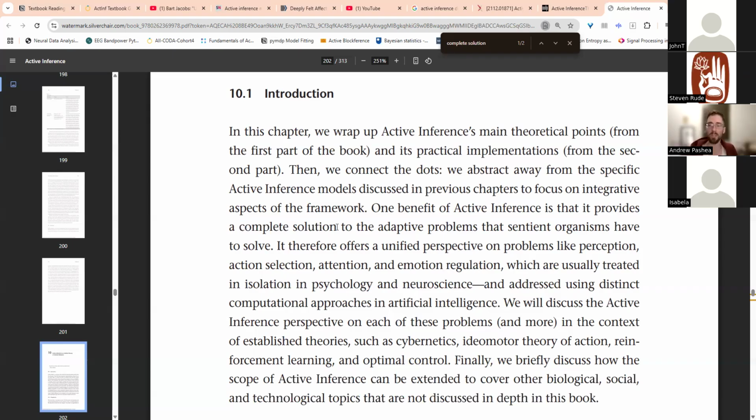You can end up with someone so focused on perception that they leave out action, or so focused on planning that they leave out attention.